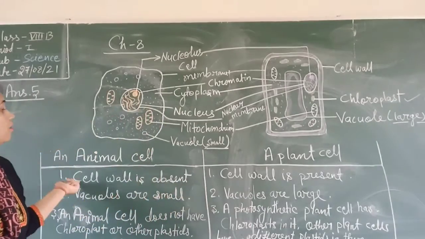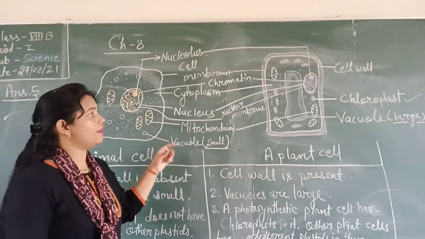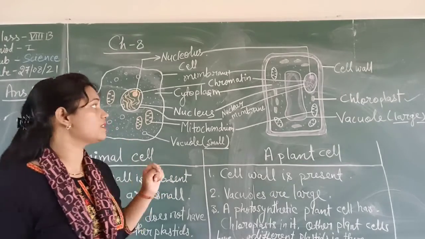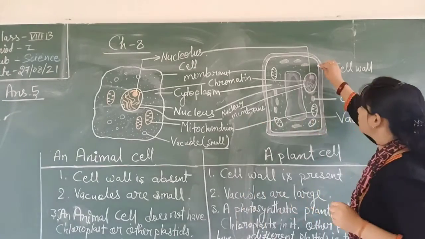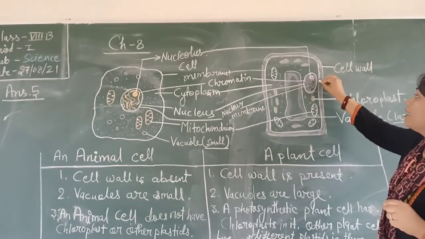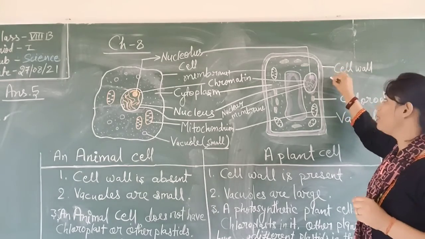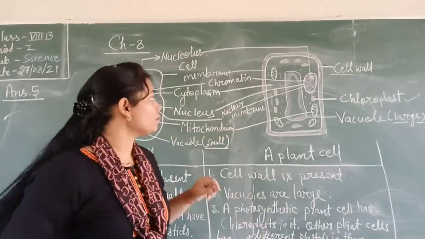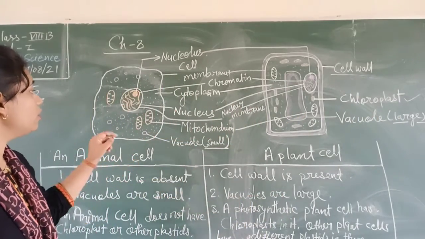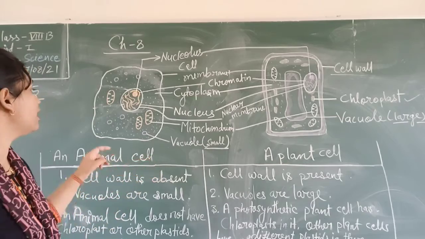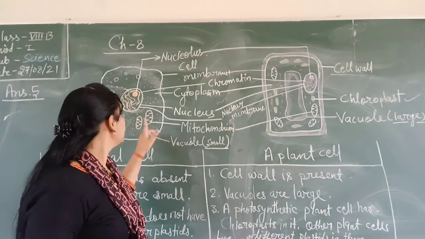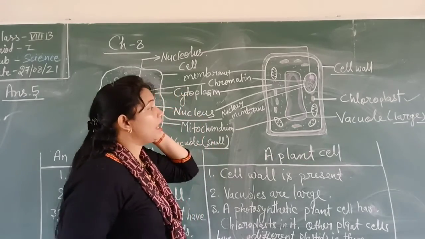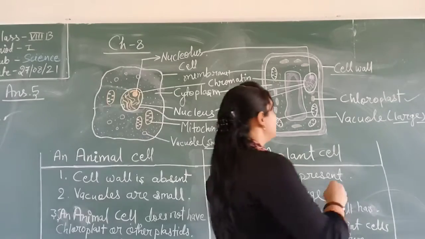Now the other thing is cell wall. Cell wall is only present in plant cells. You can see this is the cell membrane of the plant cell, and on the outer side of it the plant cell wall is also present. And vacuoles I have already told are small in animal cells and large in plant cells.